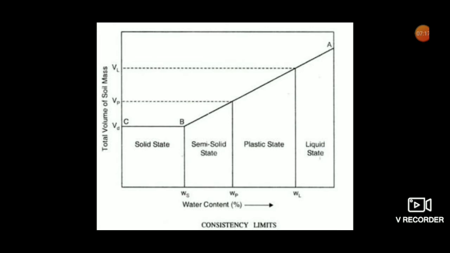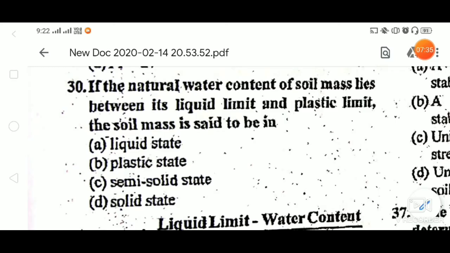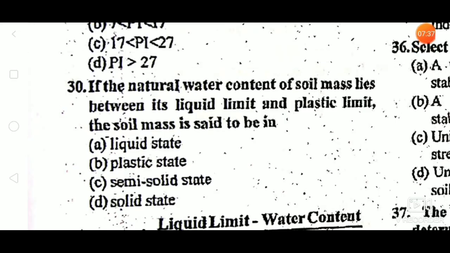If the soil is above the liquid limit, it is in liquid state, and if it is in between plastic limit and liquid limit, it is called plastic state. So here the answer is plastic state. Option B is correct.